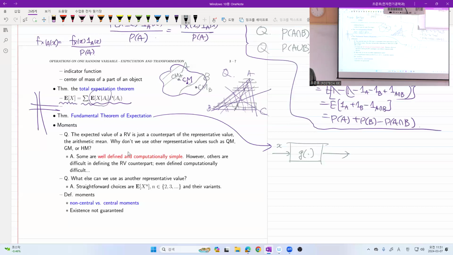Now, we are very familiar with the case where the inputs and outputs are deterministic numbers. However, what if we have a random source that generates a real number with uncertainty? So we model it as a random variable. Now we serially connect this function and observe the output.